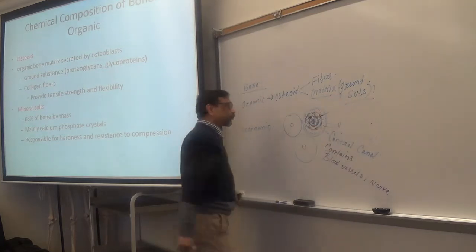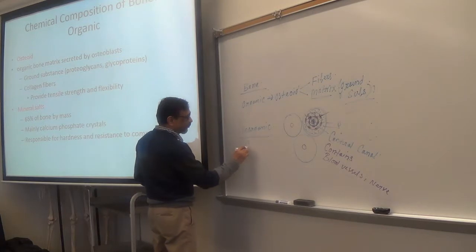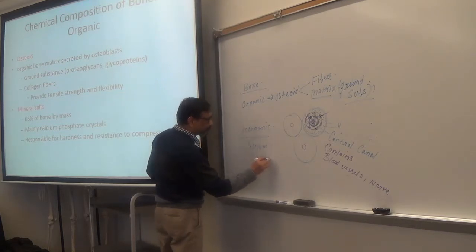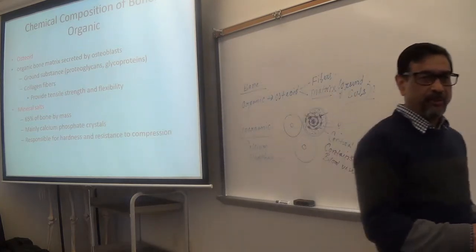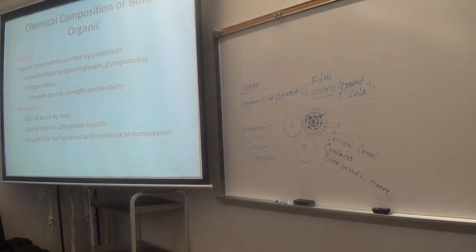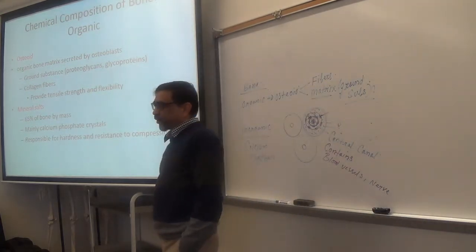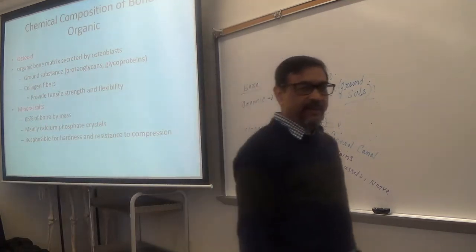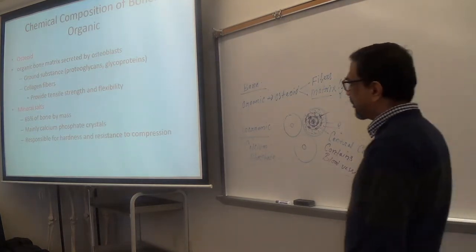Okay, and inorganic compounds include calcium and phosphate. So these are inorganic chemicals in the bone tissue. So the organic part is called osteoid, and osteoid consists of fibers and the ground substance which forms the matrix.